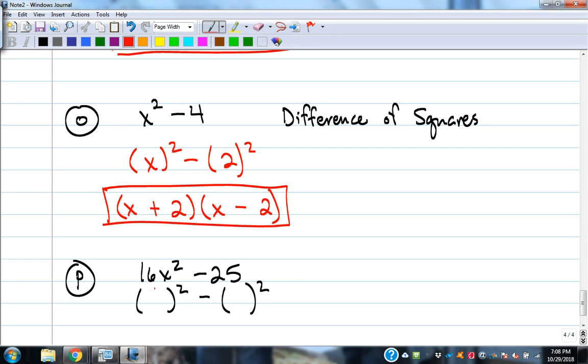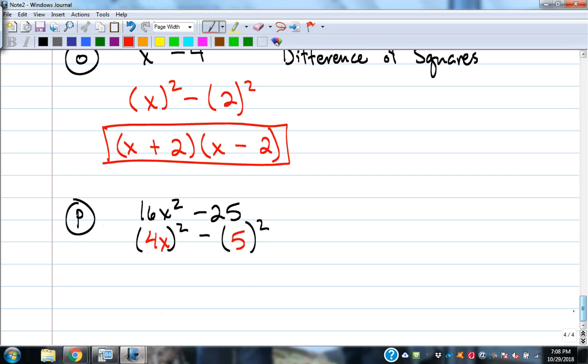What squared gets me 16x squared? 4x. What squared gets me 25? 5. My factors, 4x in the front, 5's in the back, 1's plus, 1's a minus.